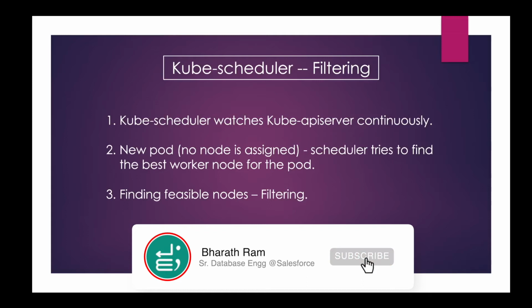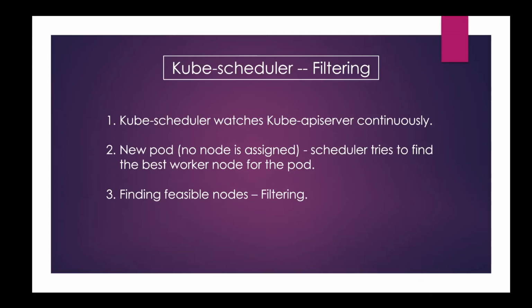It scans all the worker nodes and first finds the feasible nodes based on the requirements in the configuration file, like resources, and if some kind of affinity is mentioned in the YAML file, and if there are any constraints, all those rules are considered, and it finds all the feasible nodes, meaning the nodes on which this pod creation is feasible.